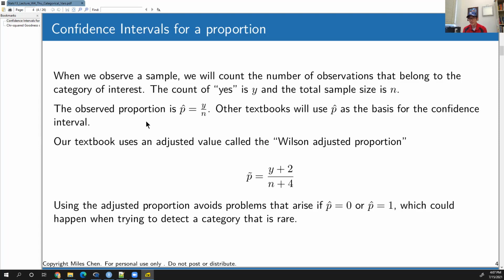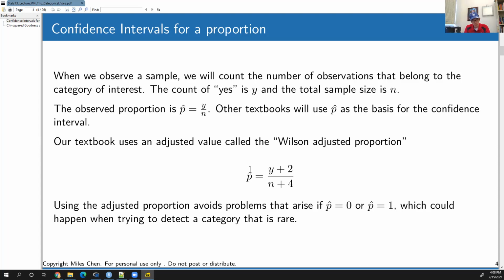So if your data is 30 out of 50, your p tilde, your Wilson adjusted proportion, you're going to add 2 to the numerator, you get 32, and you'll add 4 to the denominator, and you'll divide by 54. And what this does is it just adjusts or fudges the number a little bit.